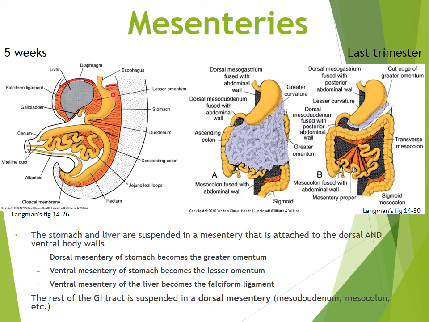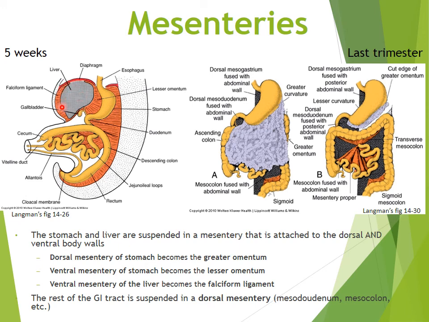The dorsal mesentery here is the dorsal mesogastrium, which later on is going to become the greater omentum of the stomach. And ventrally there is the ventral mesentery, which becomes the lesser omentum of the stomach. Keep in mind that the origin of the ventral mesentery is from the septum transversum. And also the ventral mesentery of the liver is going to become the falciform ligament.